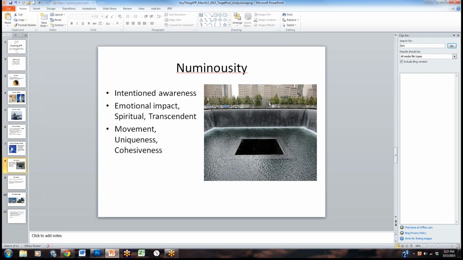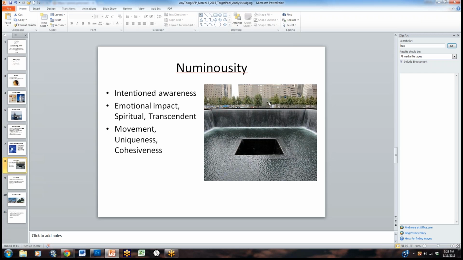I understood numinosity a little differently. Some people use a word like iconic. I know Lorraine does. If I give her the White House, she'll say that's an iconic thing because it's a picture everybody's seen. And spiritual is good, but numinosity to me also means a lot of people have looked at it, like a tourist site or a famous temple.